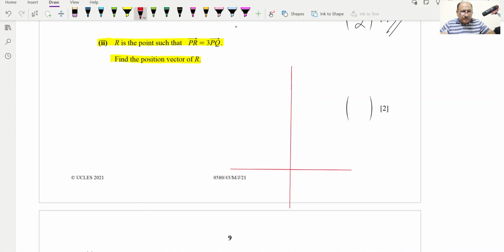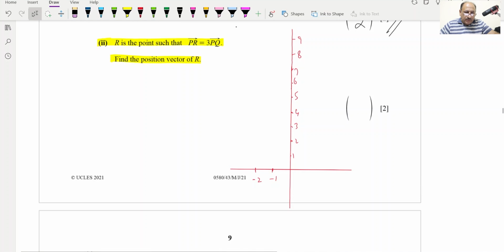We can take minus 1, minus 2 over here, and on this side 1, 2, 3, 4, 5, 6, 7, and basically we can extend it a little more: 1, 2, 3, 4, 5, 6, 7, 8 and 9. I have taken up to 9. So this is minus 1 and minus 2.